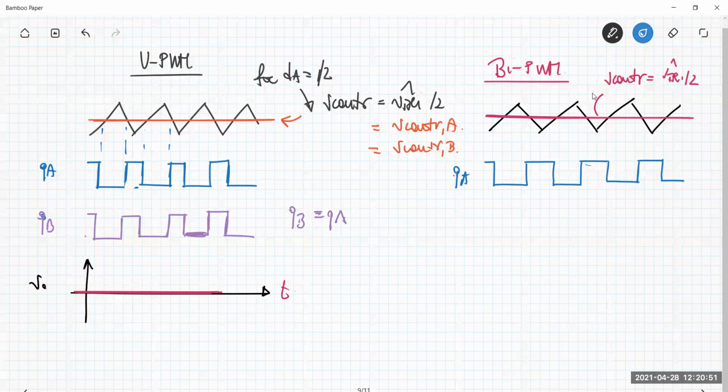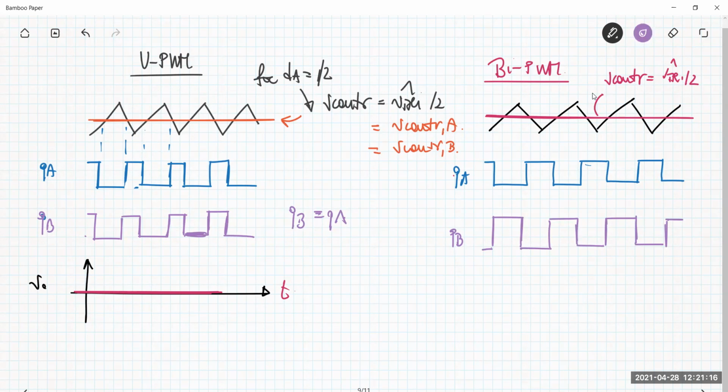What happens to the QB? The control voltage for the leg B is the same control voltage as for the leg A, but now the generation law is the opposite one. So I have a square waveform, again duty cycle 50%, but the phase is shifted by 180 degrees.